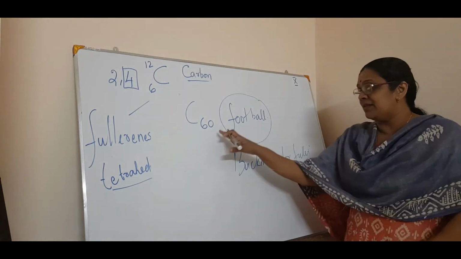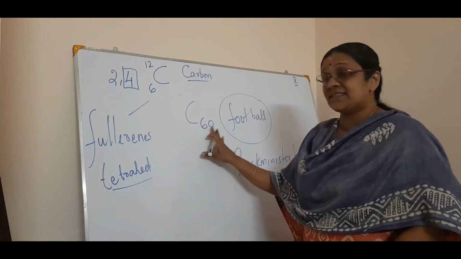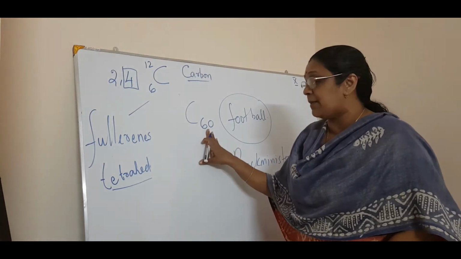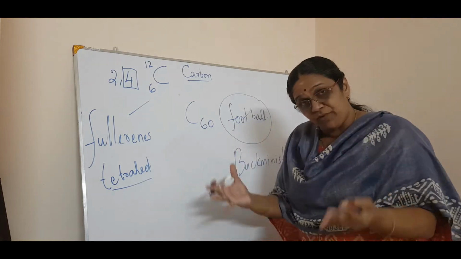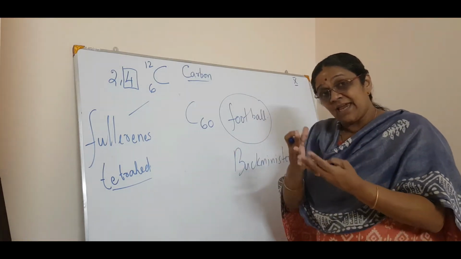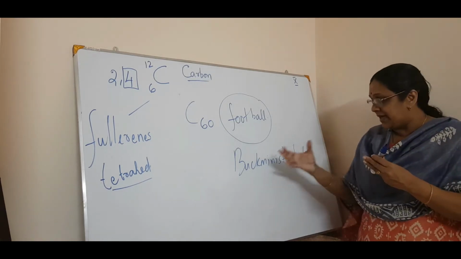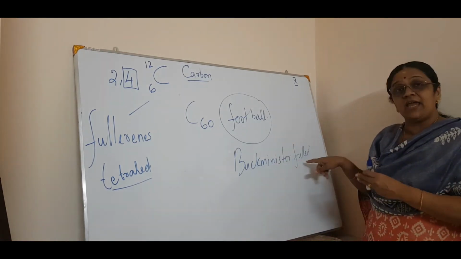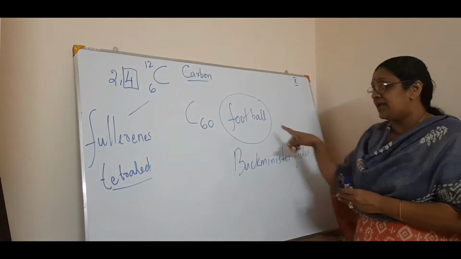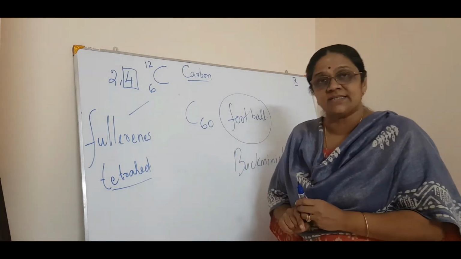So these 60 or more carbon atoms joined together in the shape of a football are the same as the dome Buckminster Fuller designed. So that is why it is given the name Fuller, and it is called Fullerenes.